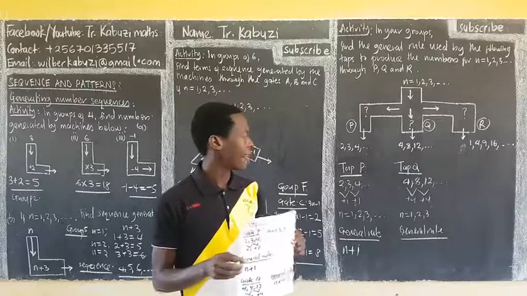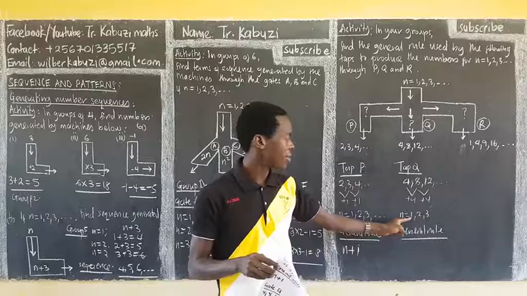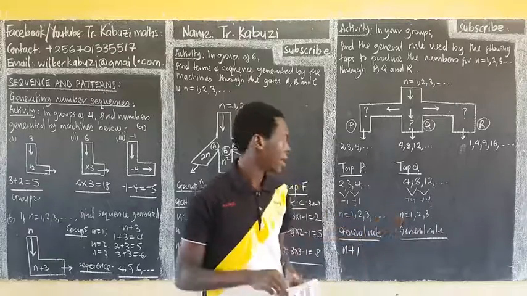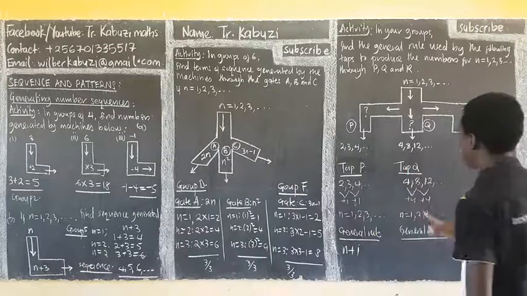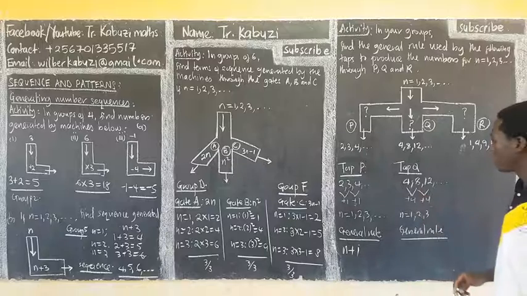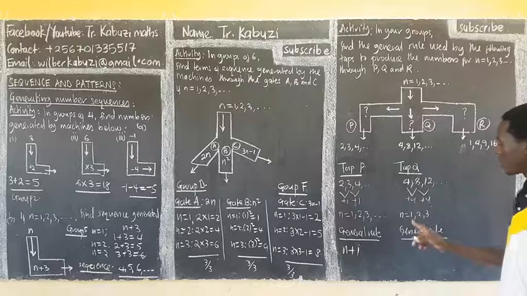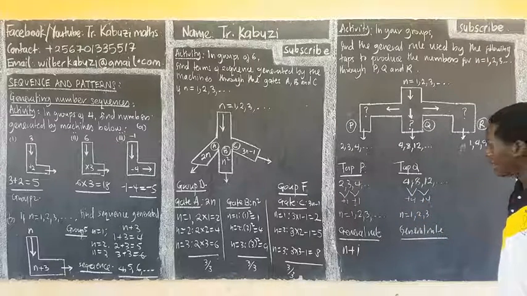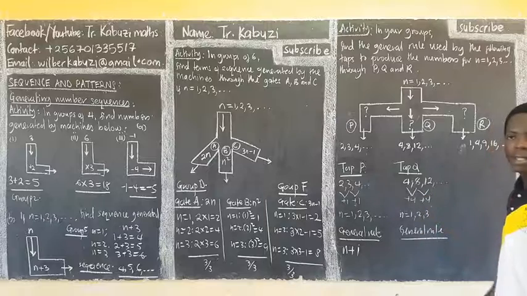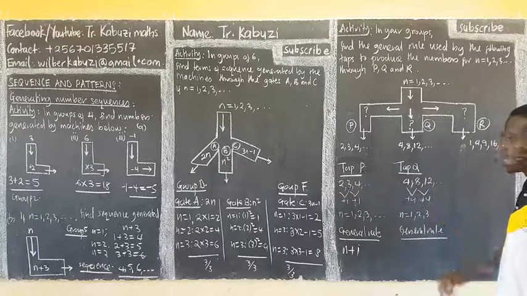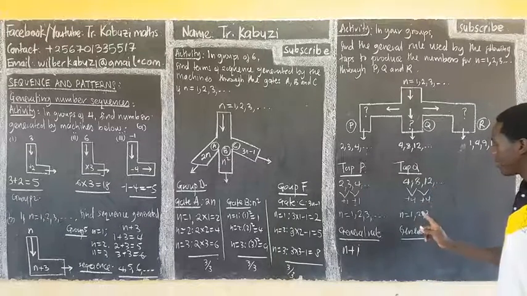But I think they are basing on this now. This is not true. Here we are just creating multiples of n. So instead we are adding 4. So for the general rule, when we get n, what happens to 1 and we get this as the first? What happens to 2 and we get this? What happens to 3 and we get this? So this is the value of n.